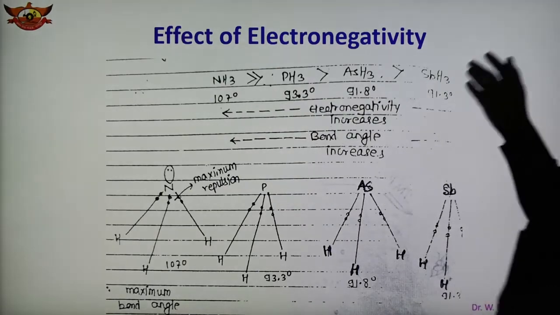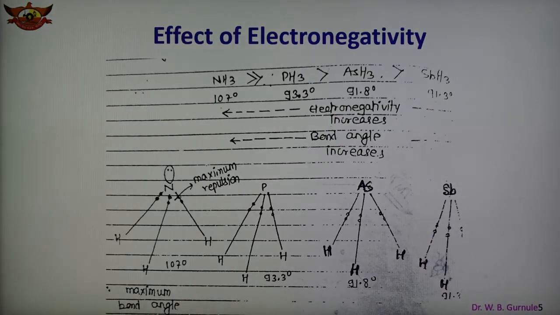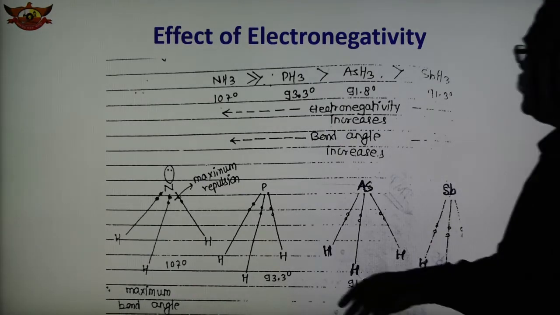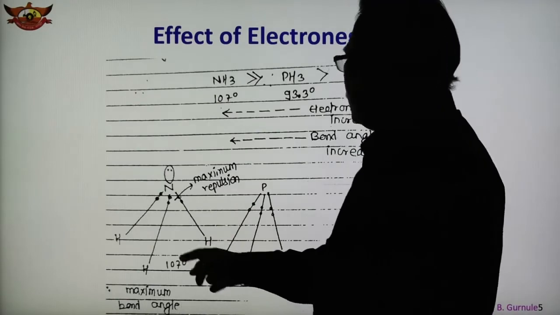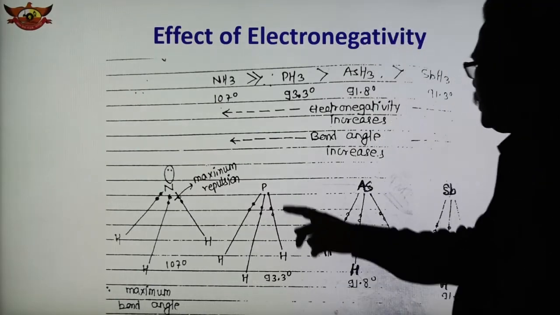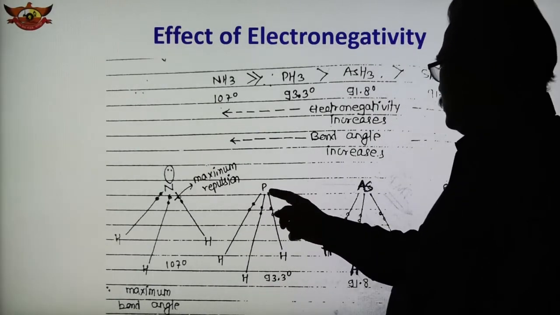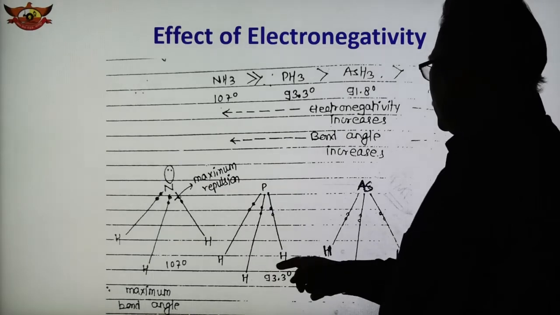This is another example, and the geometry is also shown here. NH3, ammonia, has one lone pair, PH3 also has one lone pair, and a similar type of geometry.